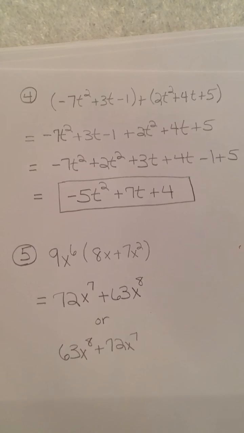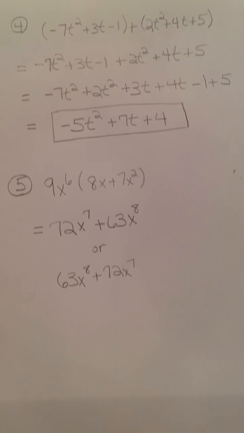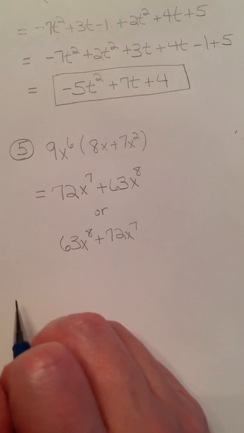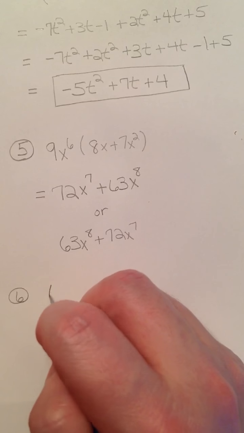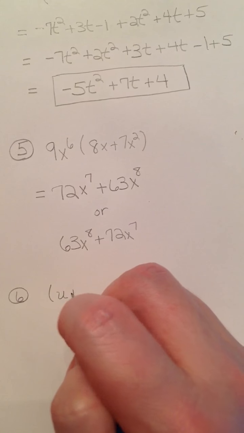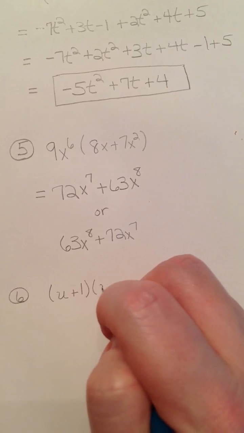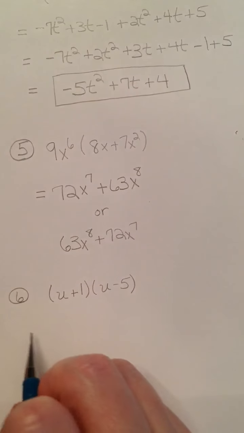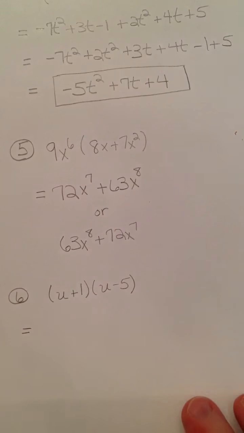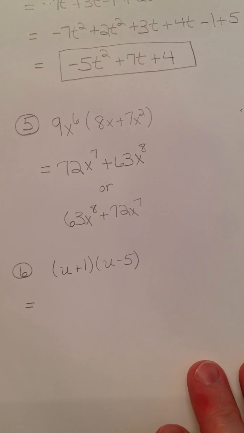Now, regarding problem number 6, we have u plus 1 times u minus 5, and again you can work with the terms in most any fashion with the FOIL, or any variation thereof.